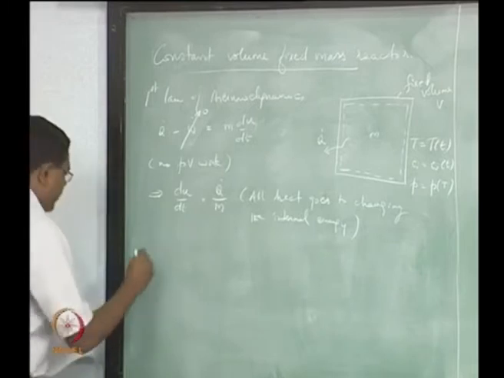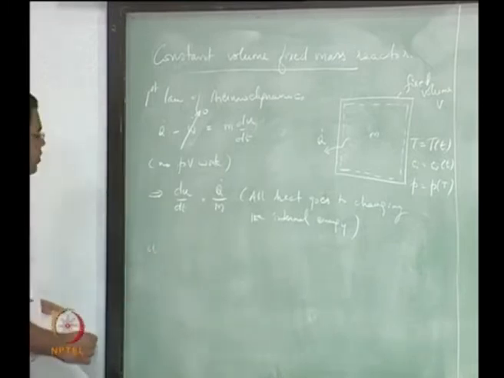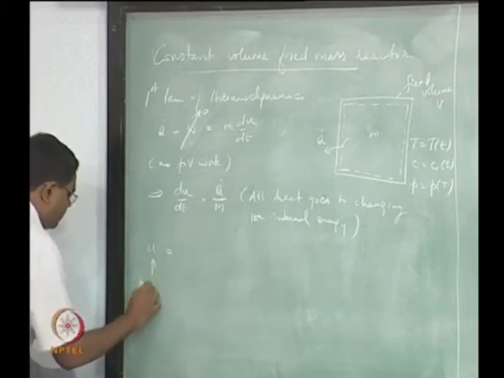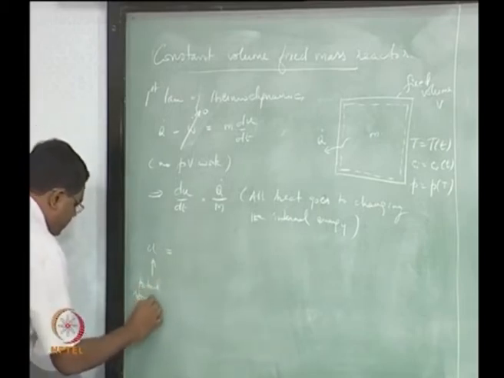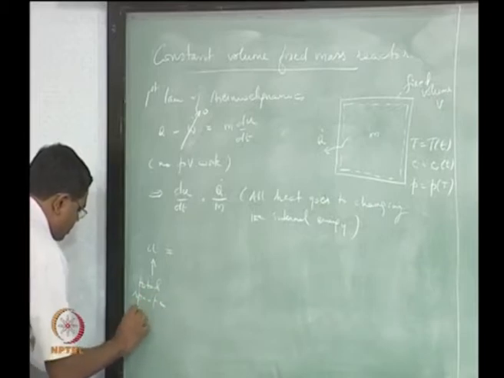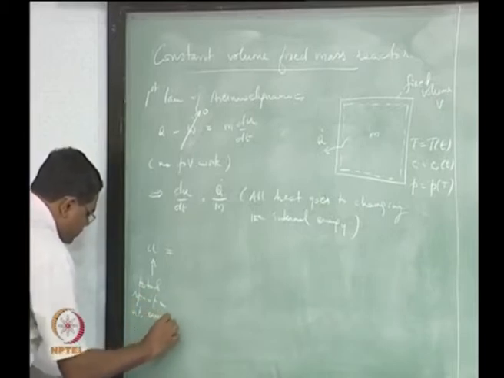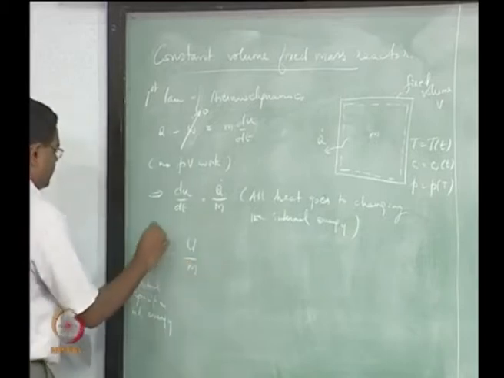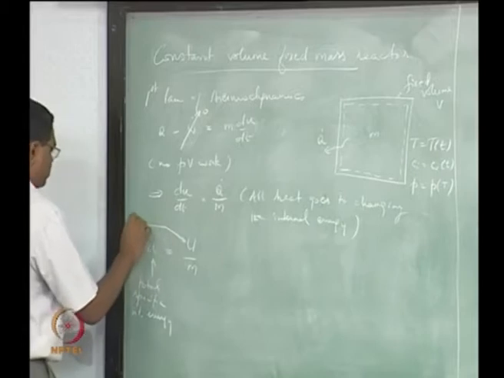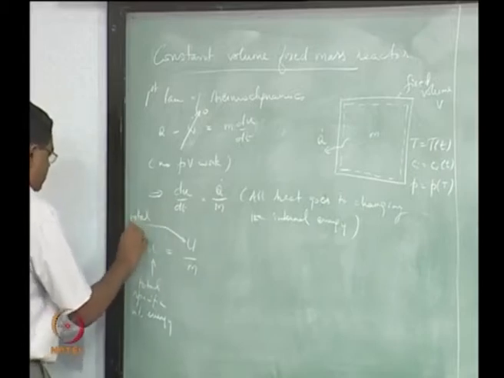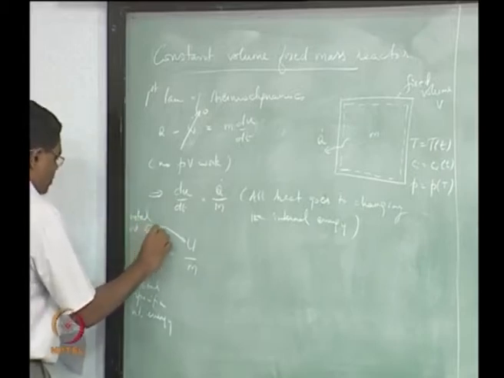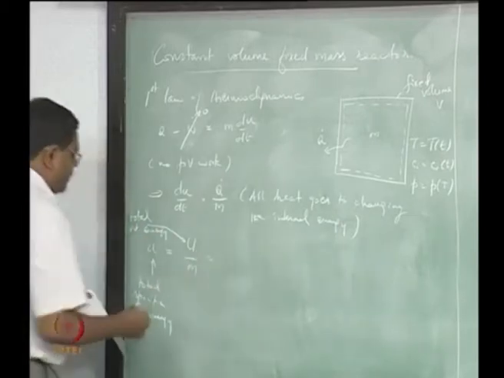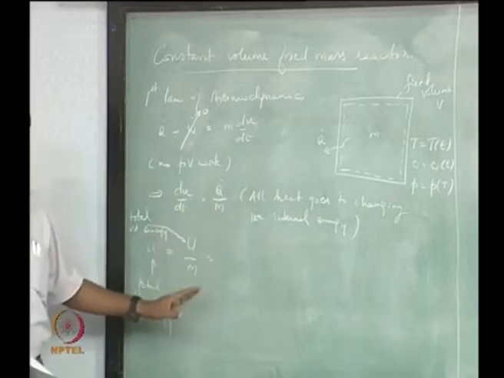And then we have a similar situation like what we had before. We now say we have a small u, this is the total specific internal energy, and capital U divided by m is the total internal energy. Previously we had a small h equal to capital H divided by m.